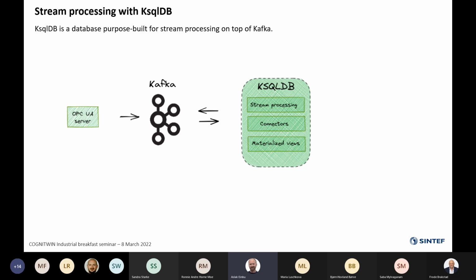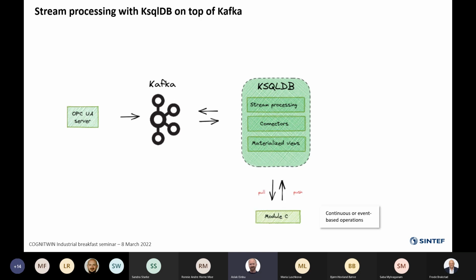So ksqlDB is a database that lets us do SQL queries on streams, and we can set up stream processing as part of those queries. And we can join different sources, and there are endless opportunities for what we can do then. We can have applications or modules communicating with ksqlDB in relation to stream processing and event-based operations.